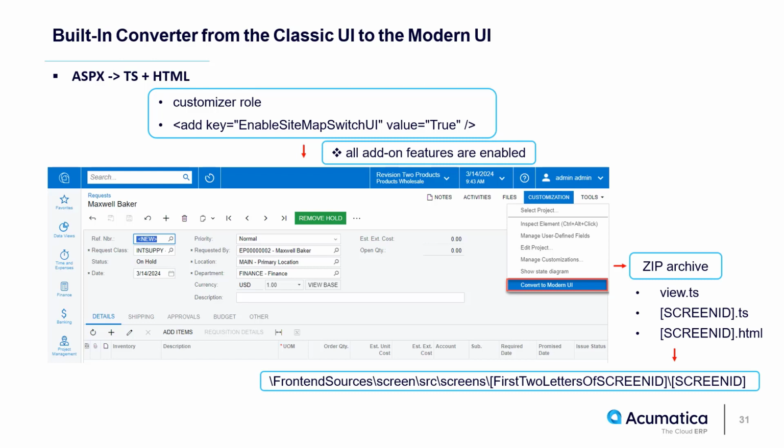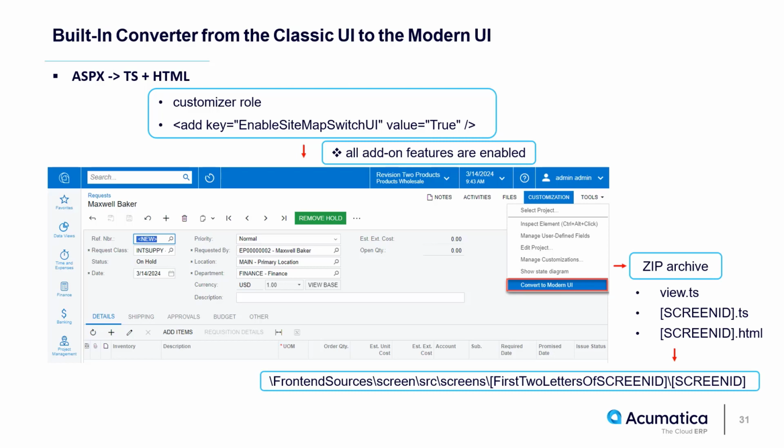So you click that button, you get the zip archive back containing the TypeScript files and HTML file. You take those, you put those into the frontend sources folder of the site. Here you have the full path specified.